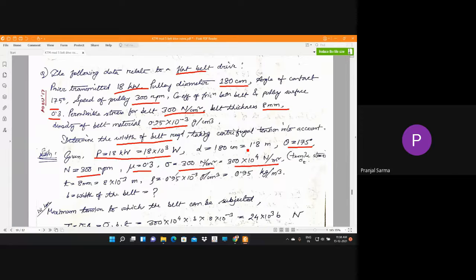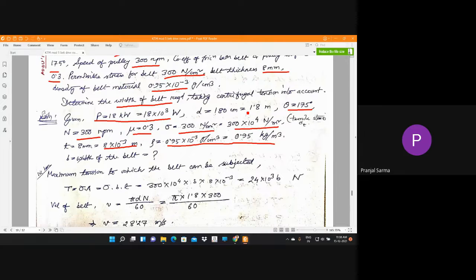Thickness is 8 mm, that is 8 into 10 to the minus 3 meter, and rho, the density of the belt material, in SI will be 0.95 kg per meter cube. You need to find out the width of the belt, that is b.